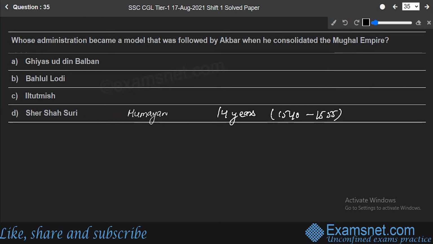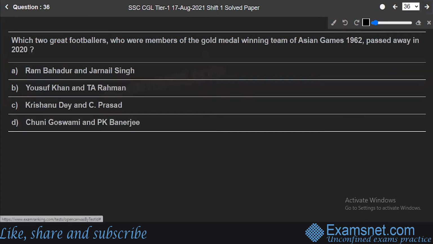But his administration became a model that was followed by great Mughal Emperor Akbar when he consolidated the Mughal Empire. So option D, Sher Shah Suri is the answer to the question. Hope you are clear. Next question number 36.